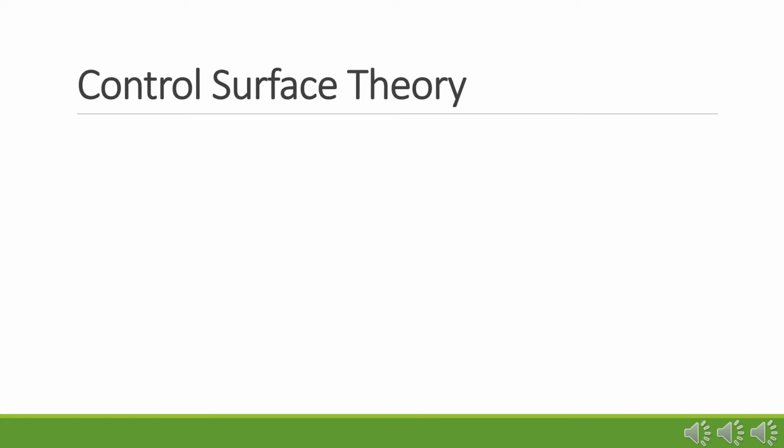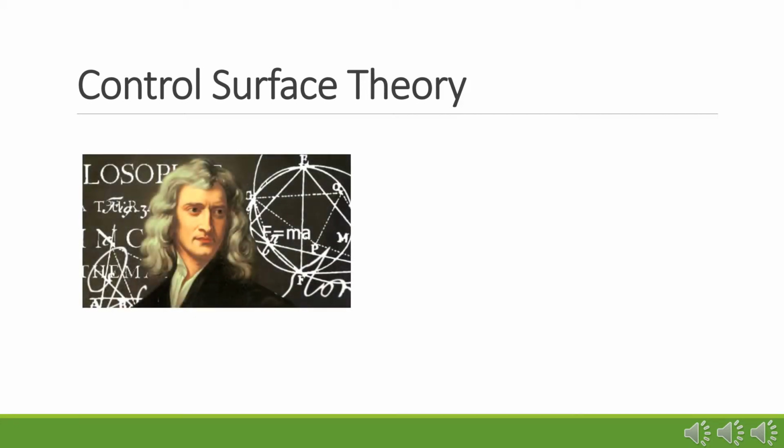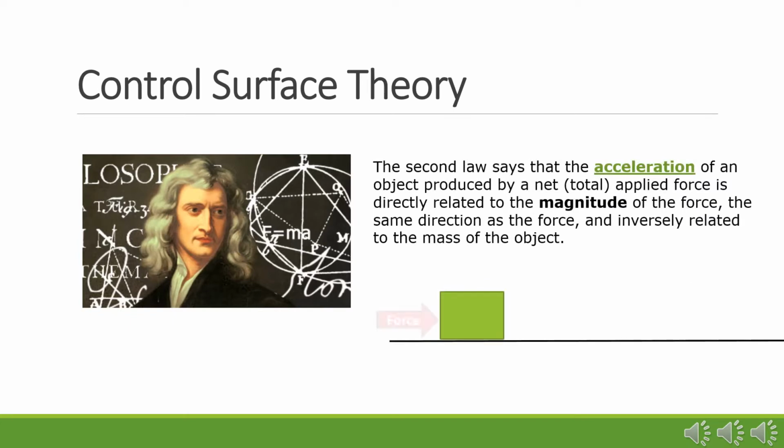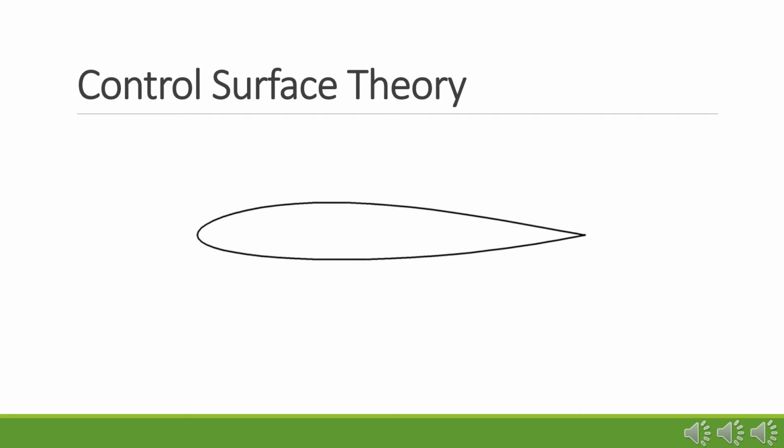In order to cause a change in the direction of motion of an aircraft, an unbalanced force must be generated. By Newton's second law of motion, if we generate an unbalanced force, the object will accelerate in the direction of that force. To get this unbalanced force and the resulting change in motion, we must develop a structure that will change the flow of air around the aircraft.